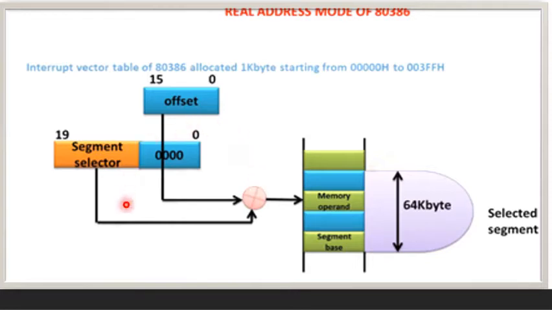This figure shows the physical address computation in real mode of the 80386. In real mode operation, the segments can be read, written or executed. The segments in 80386 real mode can be overlapped or non-overlapped.